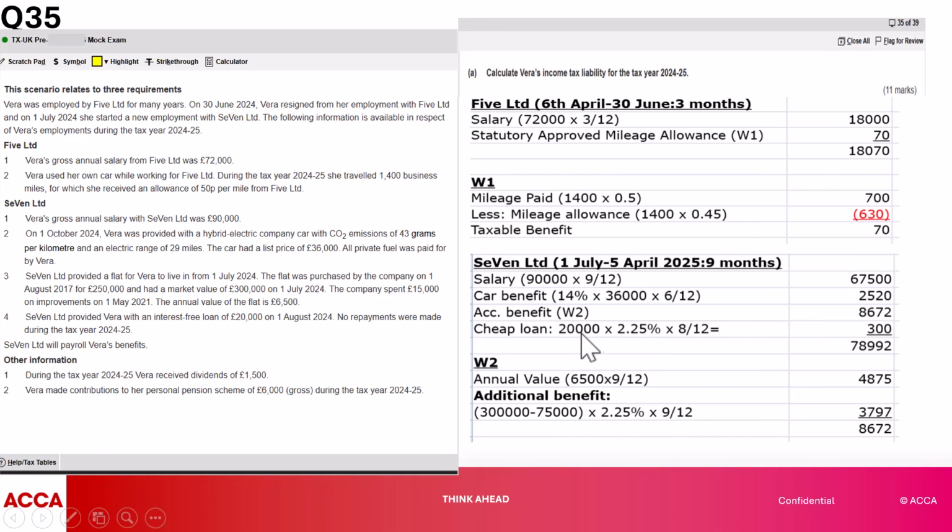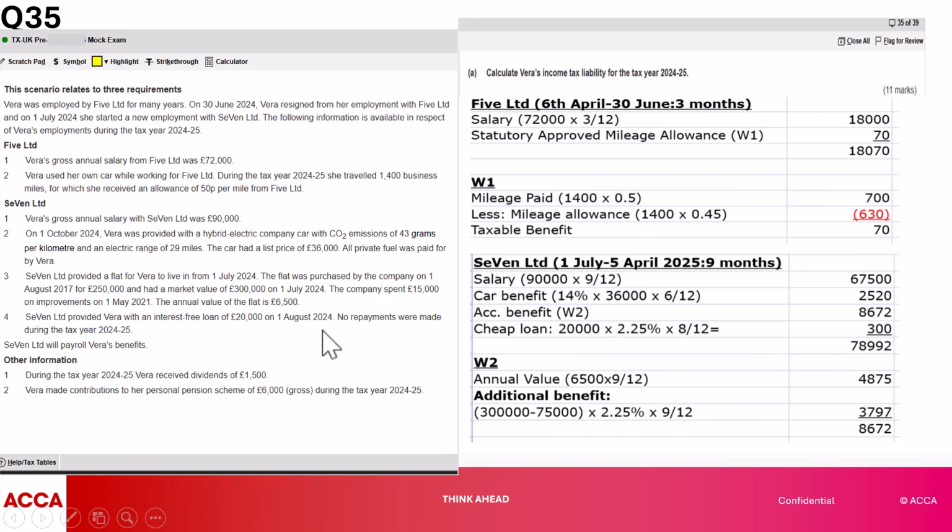And she's taking it at the interest of 20,000. This is the benefit, 2.25%, because that's what she saved herself from. And we multiplied by 8 over 12 because this loan was provided on 1st of August 2024. Now notice I did not show the two methods, simple average method and strict method.